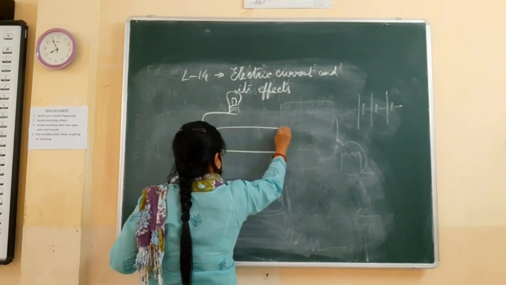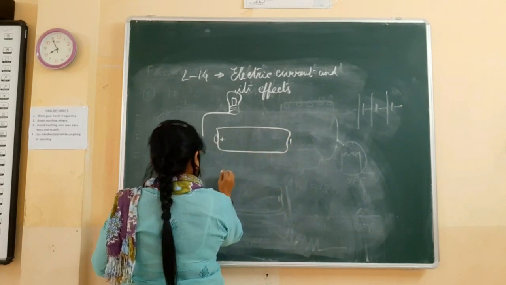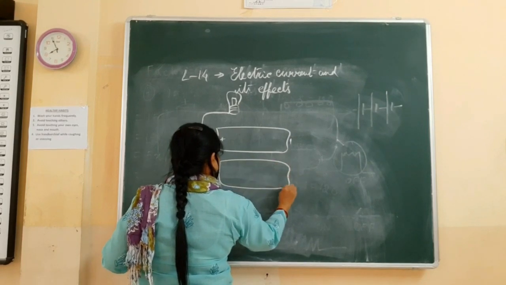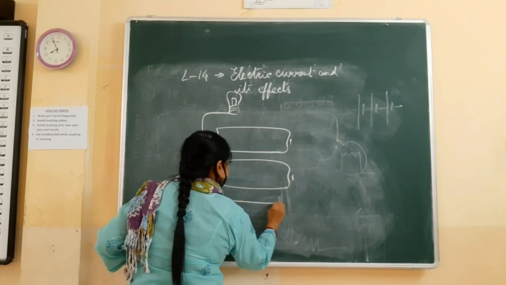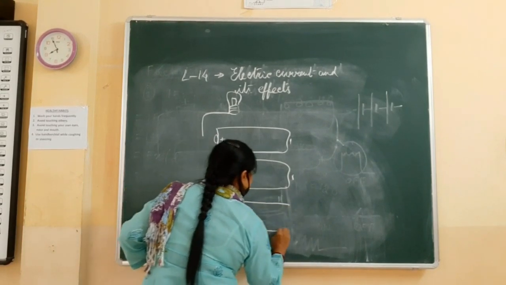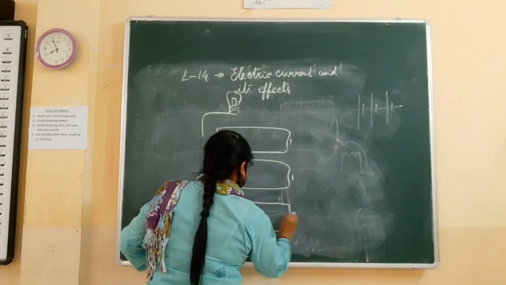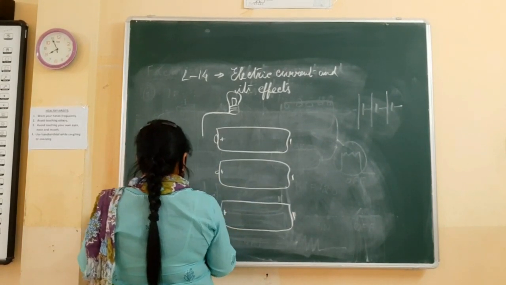This is one battery having a positive terminal and a negative terminal. Then again another battery having positive and negative terminals. And here is another battery having negative and positive terminals.